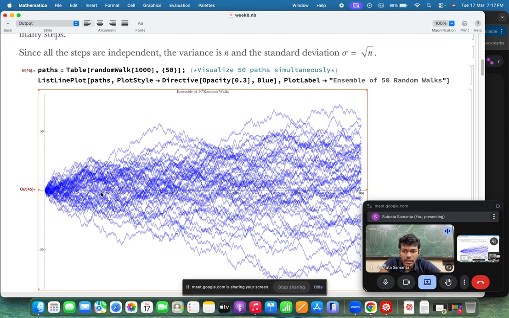You can see at 200 the spread is small, but at 400 the spread is large, 800 is again larger, and 1000 even larger. So as n increases, your spread increases, that means the variance increases. The standard deviation basically follows square root of n. We will see.